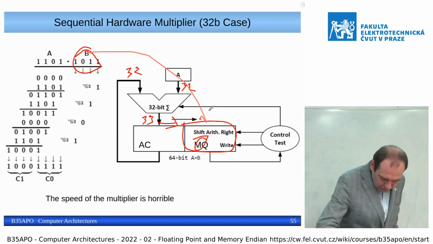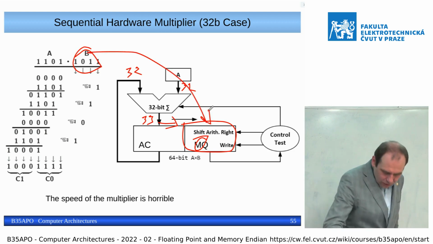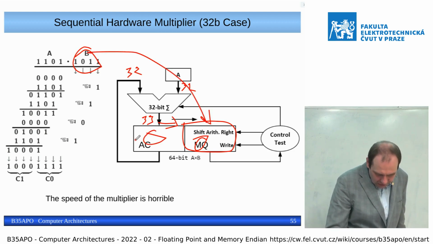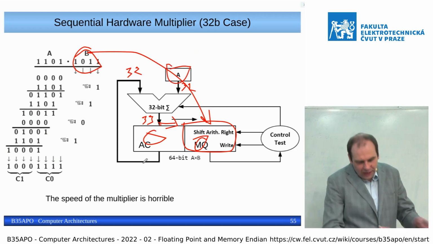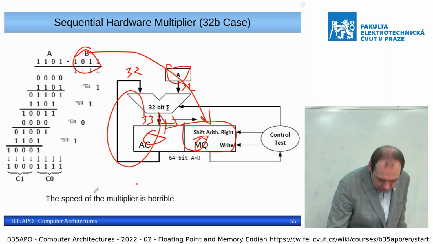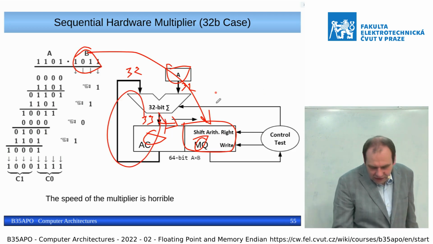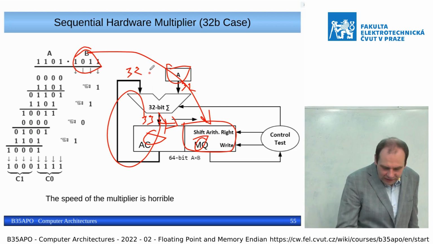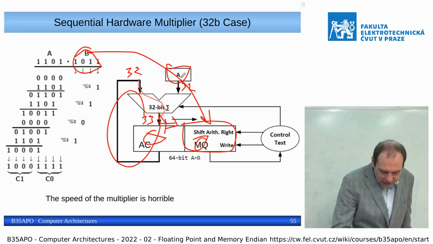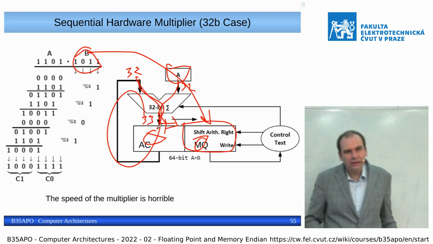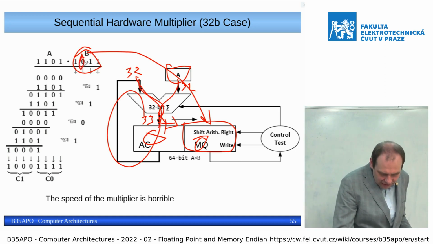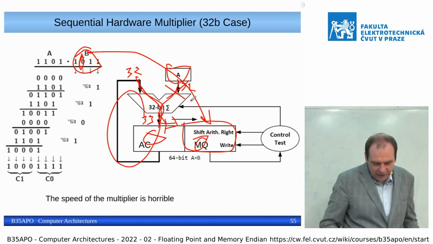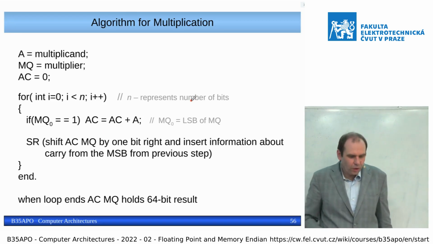So basically you put the B there, then you put 0 into AC, you have A here, and you run one loop and a shift, loop and shift, 32 times, and you only decide if at the given stage we add the A or if we only copy the input. If the corresponding bit here is 0, then we do not add the A. Okay, there is the algorithm.